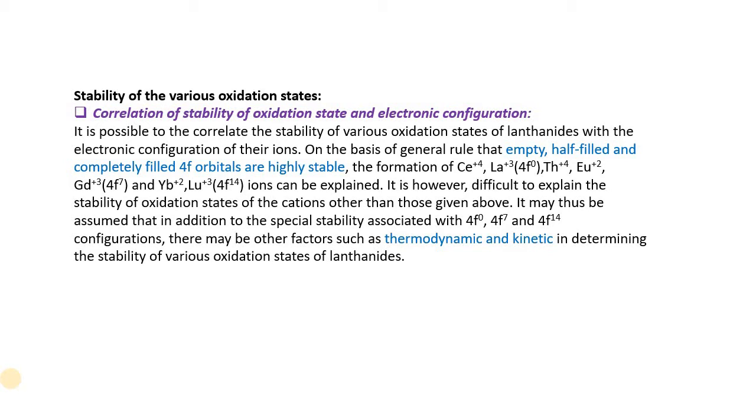It is, however, difficult to explain the stability of oxidation state of cations other than +3 and +4, because they have 4f0, 4f7, 4f14, which are stable, but such species have no 4f0, 4f7, 4f14, meaning the other species have partially filled f subshell which have less stability, but the oxidation states are stable.